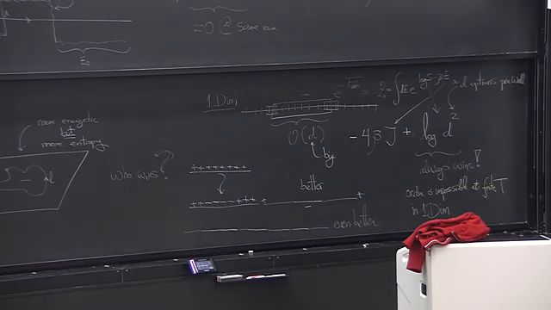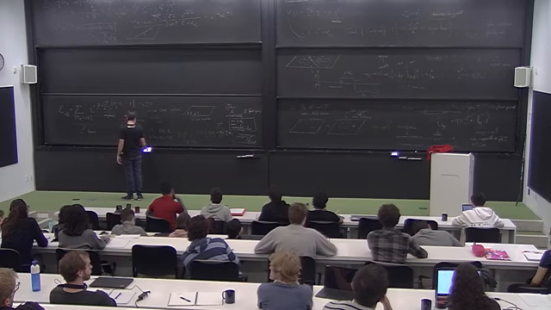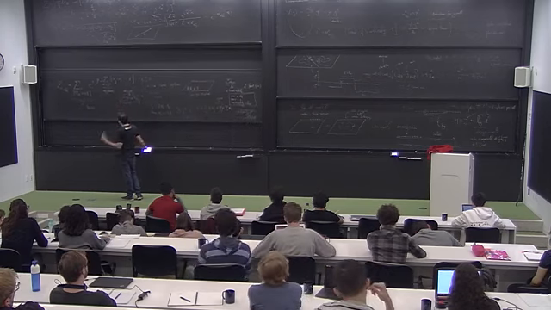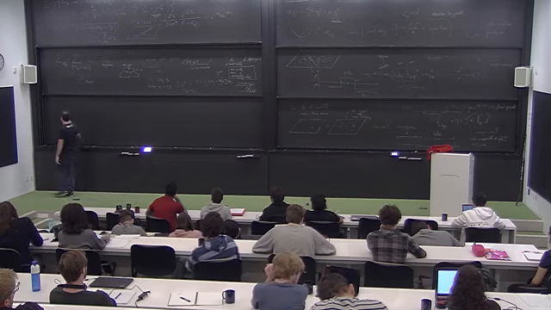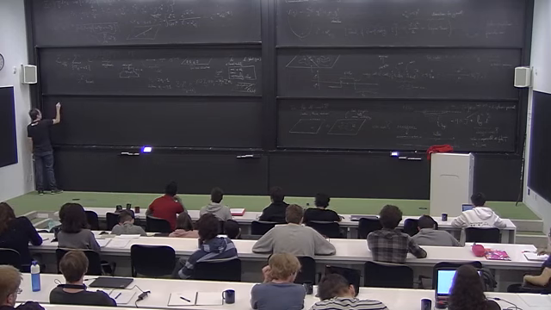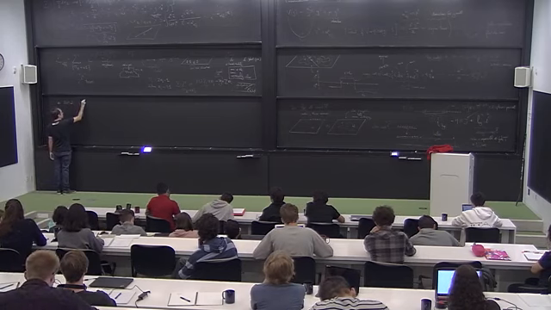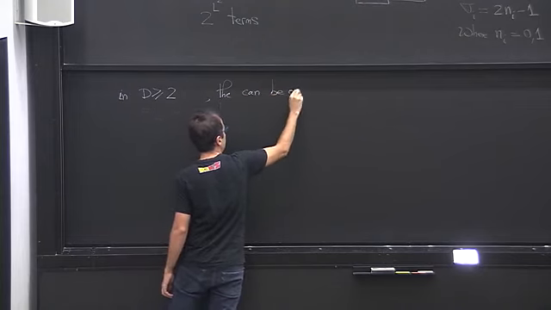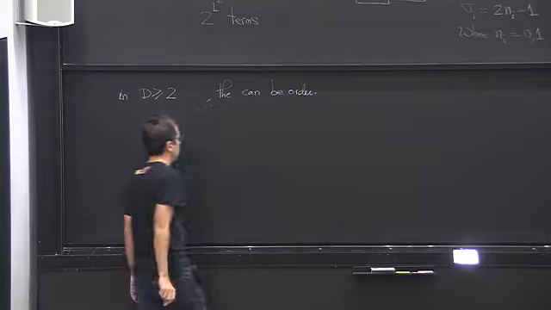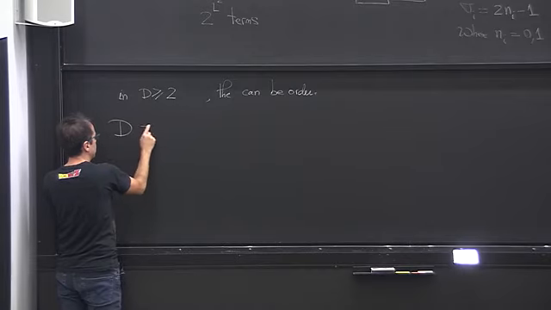Now, in 2 dimensions, it would be different. In d bigger or equal than 2, there can be order. I will explain now for d equals 2, but the argument for d bigger than 2 is similar.